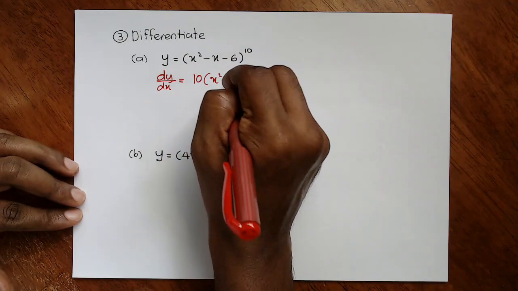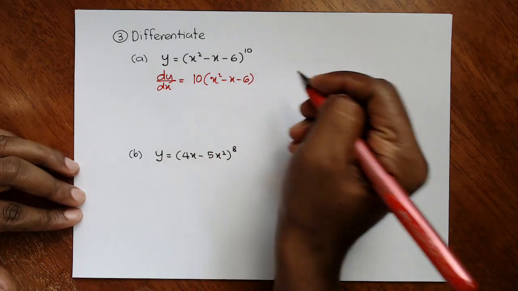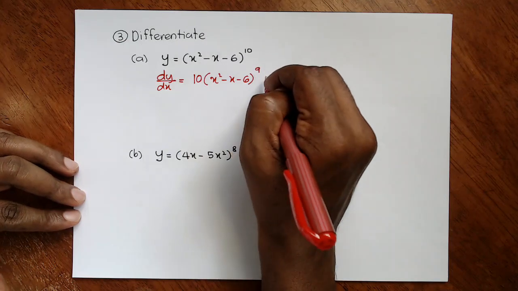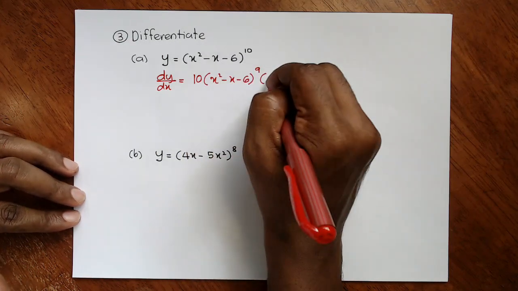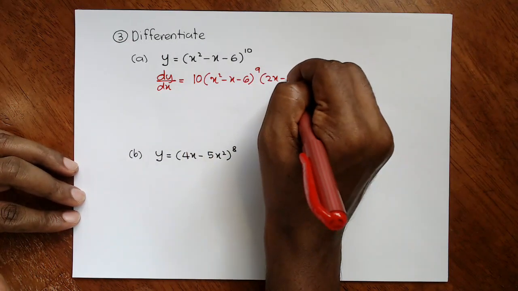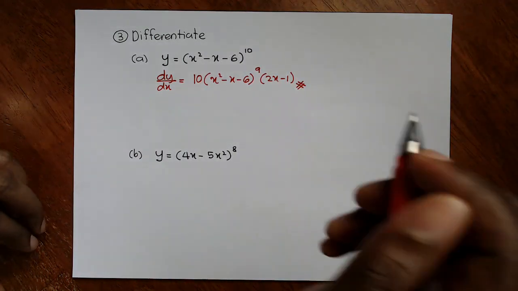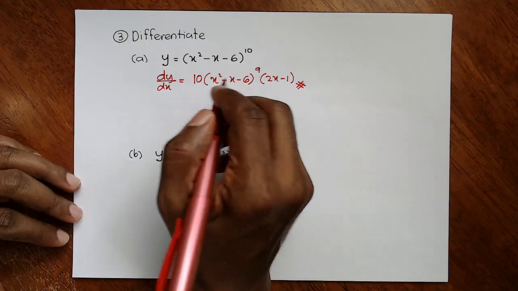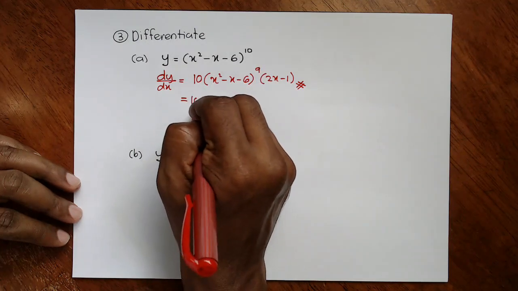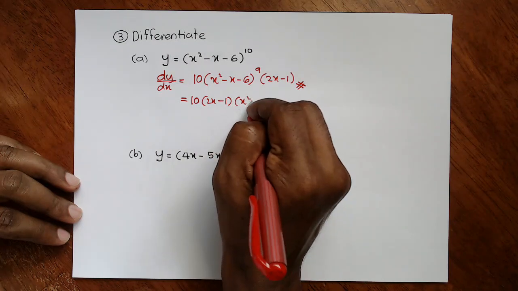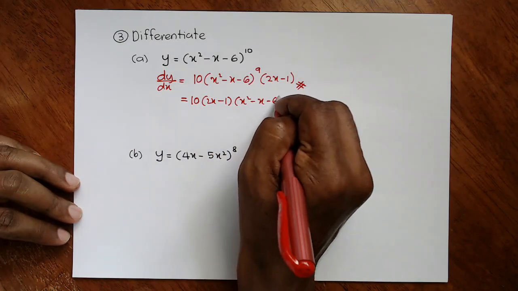The power of 10 will become power of 9, and then you differentiate the inside, you get 2x minus 1, and that will be the answer. Or if you want, you can rearrange, because here the power is higher, you can also write it as 10(2x minus 1)(x squared minus x minus 6) to the power of 9. Probably it looks better like that, but both are correct.